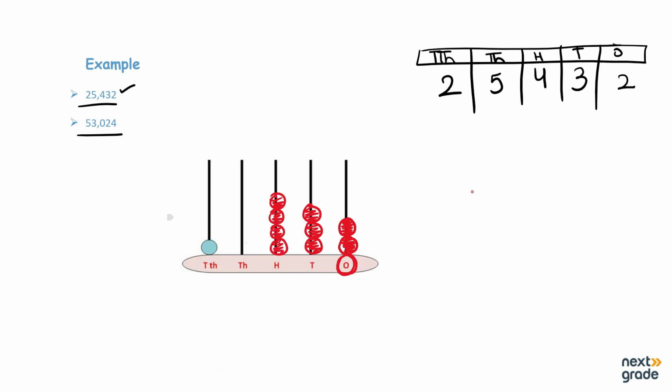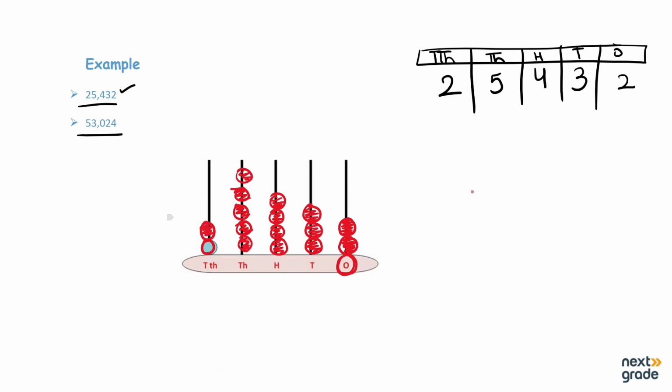Next is thousands, where we are going to add 5 beads. Next, that is 10,000s, so we are going to add 2 beads.